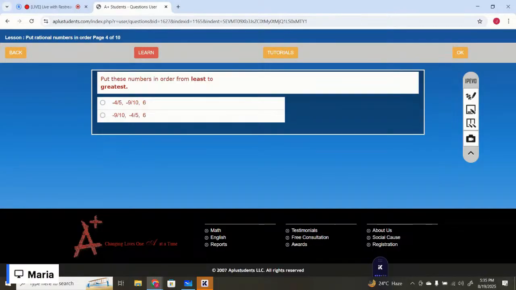Put these numbers in order from least to greatest. Option number 2 is the correct option.